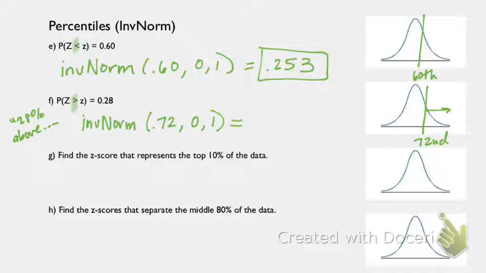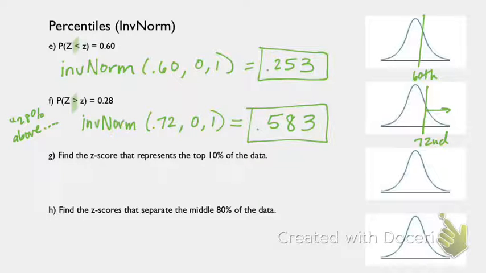So what do you get when you type in 0.72? 0.583? 583. It rounds to 3.